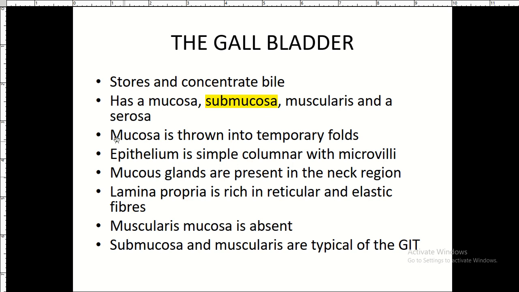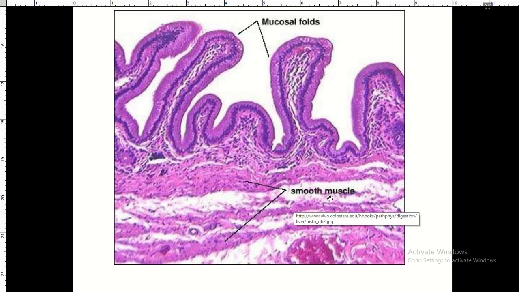So what is absent? One, the submucosa is absent. The muscularis mucosa is absent, right? The muscularis externa is atypical of the GIT, with the inner circular layer and so forth. So you can actually appreciate smooth muscle right here, right?